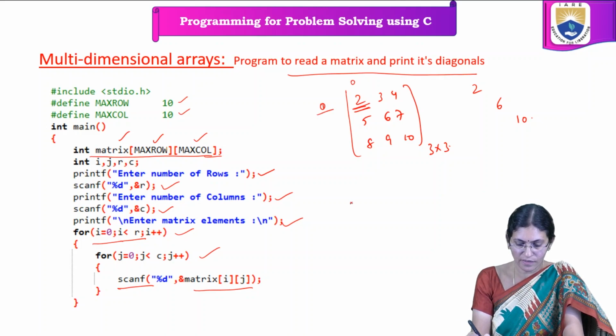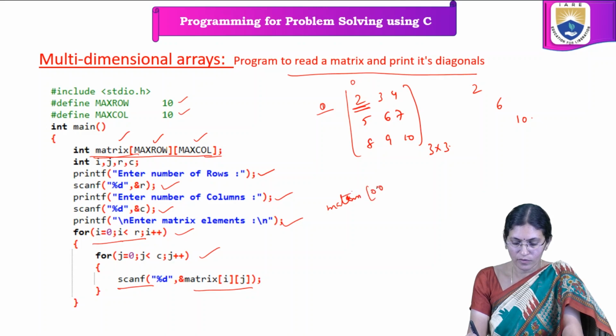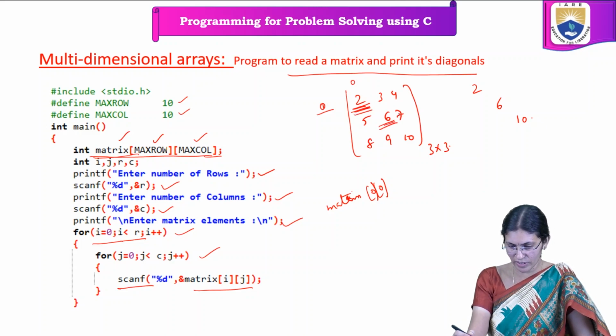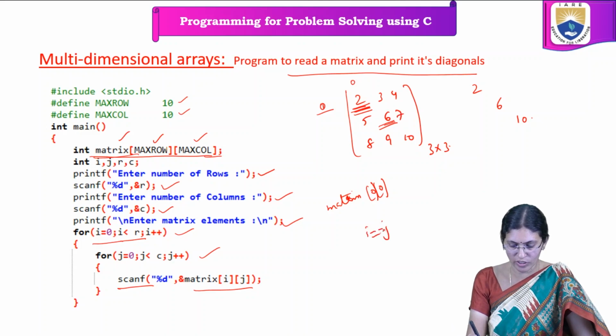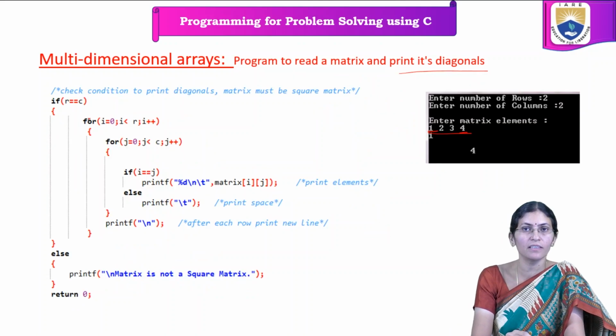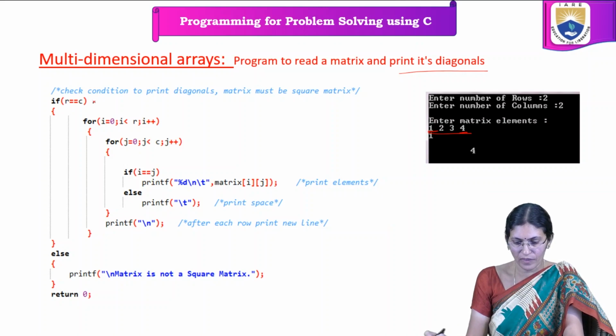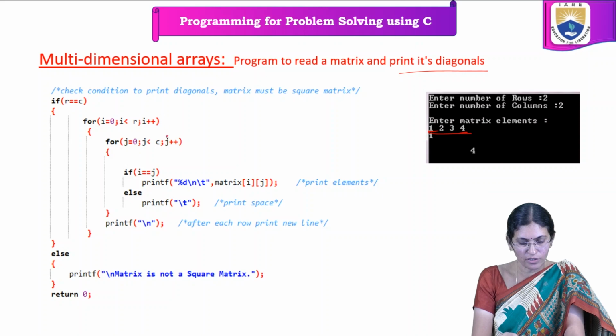The first element is matrix of 0, 0, and this element must be printed as it is. So the condition to check is: if I is equal to j, then that element is to be printed.